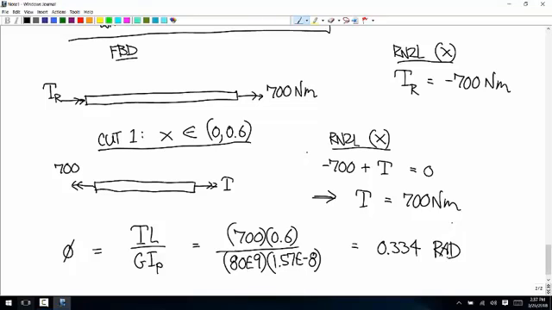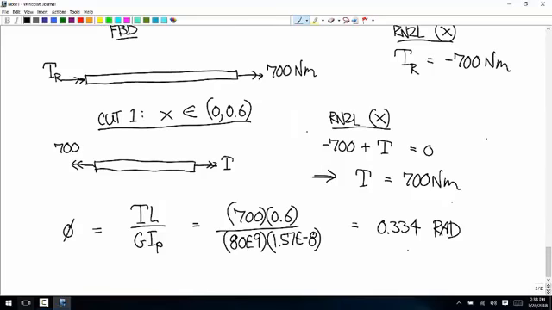Okay, so how much is 0.334 radians? What kind of angle is that? How much is a radian about? There's 2 pi radians and 360 degrees, so each one is somewhere around 60 degrees, right? So this is about 20 degrees. So that's a pretty big angle of twist.